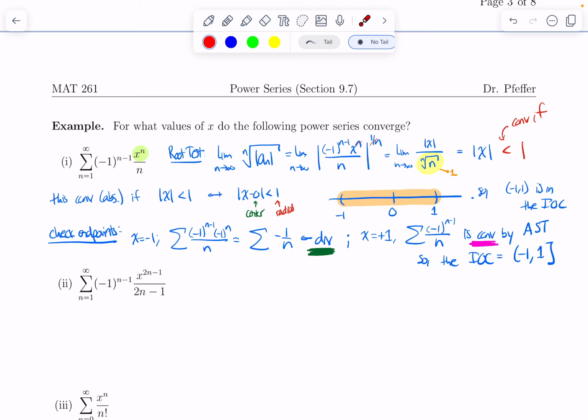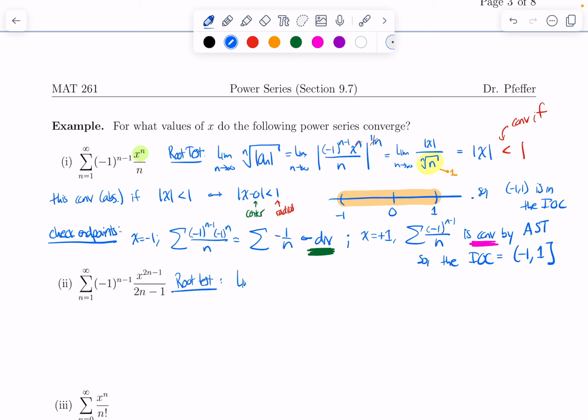Let's do another one. So here I have (-1)^(n-1) x^(2n-1) over 2n-1. I used a root test before. Let's use the ratio test here. No, actually it might be easier to use the root test because the bottom's a polynomial. So let's find out. So we're going to do another root test.